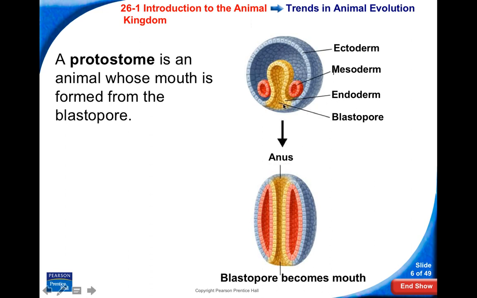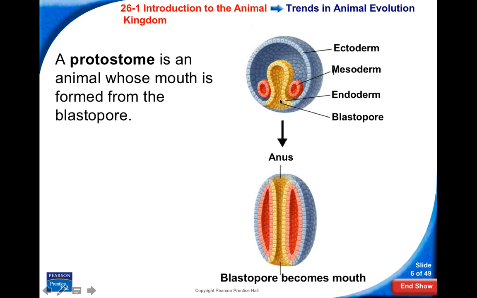Okay, so I know this just looks like a blob of cells and we can't really tell anything, but embryologists dedicate their lives to studying this, and this is kind of just the culmination. This is the short version of it, but by lots of research, there are organisms that are grouped together under this category of protostomes.